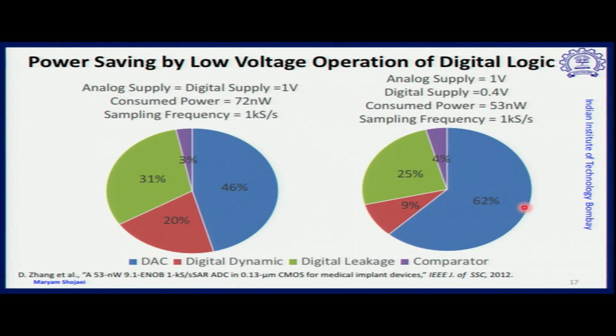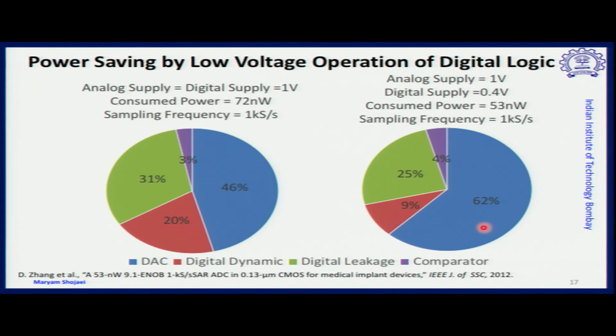And here you see the contributions now. Very clearly you see the contribution of the dynamic logic, shown by digital dynamic power, is reduced from 20% to 9%. It's very interesting. And the contribution of the DAC part of the SAR ADC has increased to 62%.